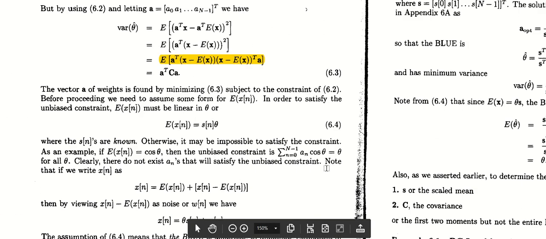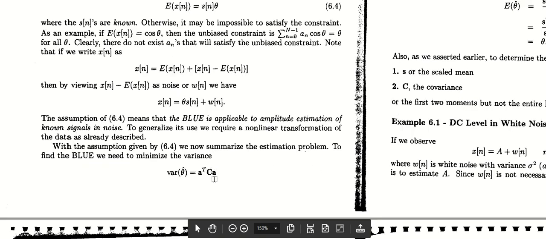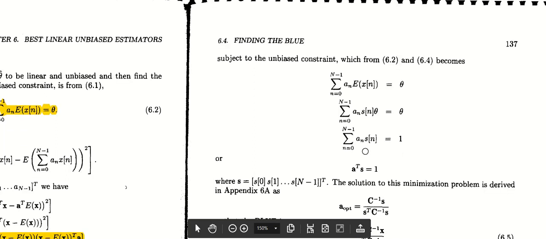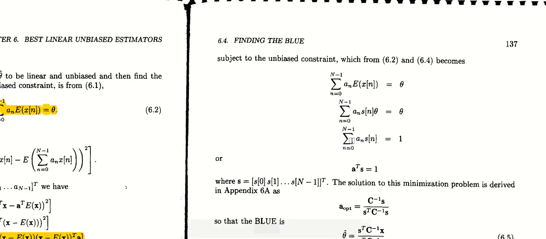Now you have an objective function with this constraint. This is a typical optimization problem. If this is not clear, I recommend you review; if you have taken a class on optimization, it is going to be very useful here.